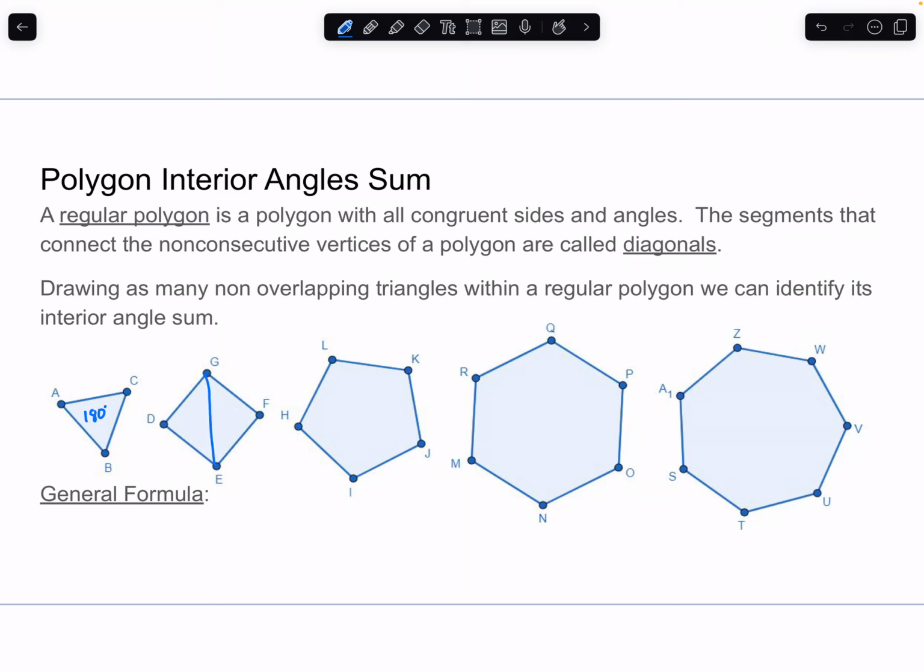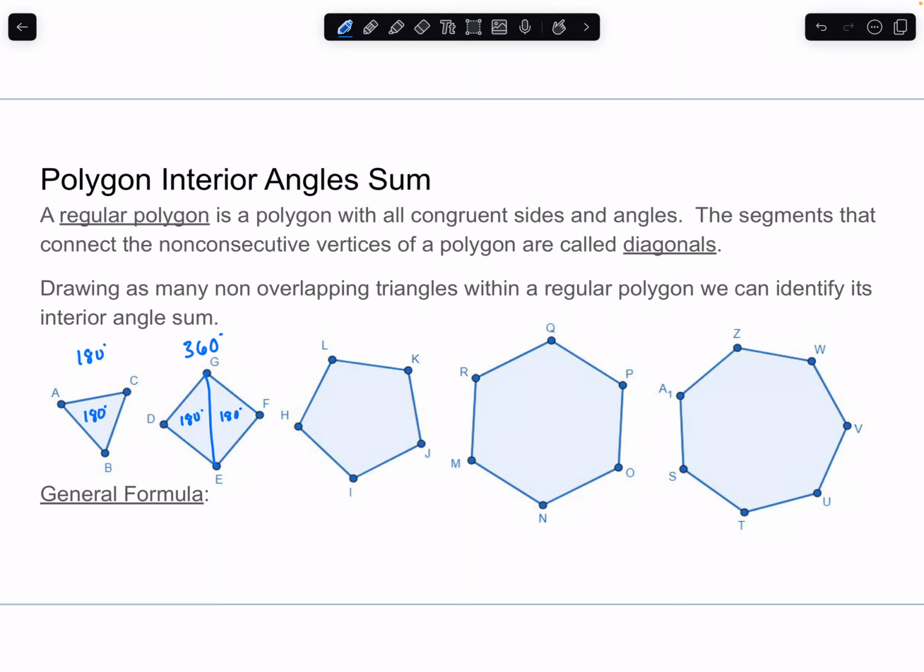No matter how I draw this, whichever two non-consecutive points I connect, I'm only going to be able to construct two non-overlapping triangles. Now, if one triangle adds up to 180 degrees, two triangles inside of a polygon would add up to a total of 360 degrees. So any four-sided shape, which is a quadrilateral, will add up to 360.